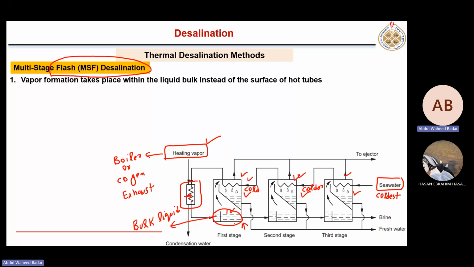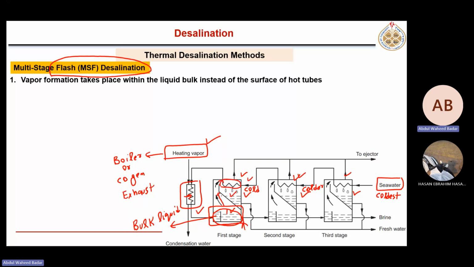Now the first stage is just a flash. Here it will flash. Flash means the water vapor will be separated here because it is at the highest temperature. So vapor will rise up, and here it will come in contact with the cold surface and it will condense.